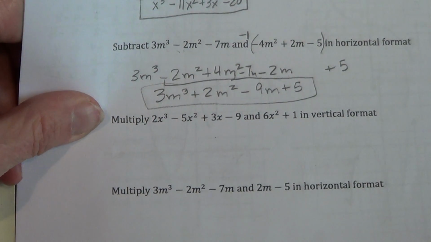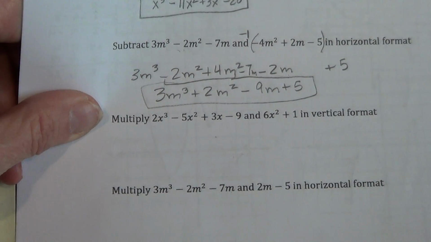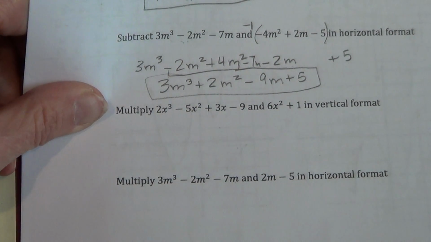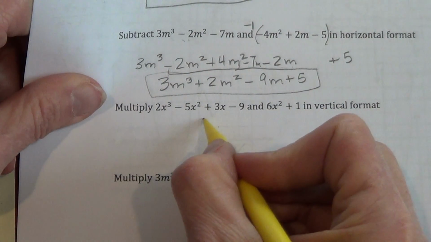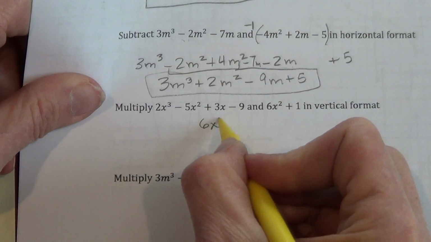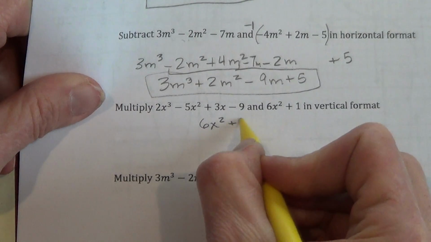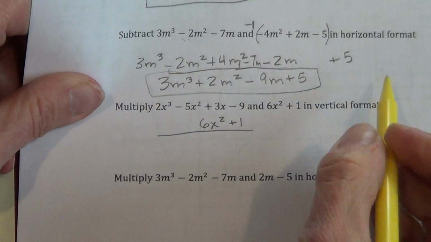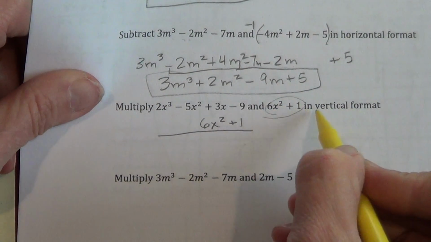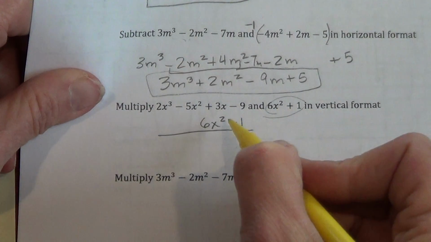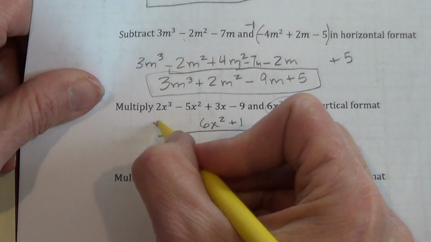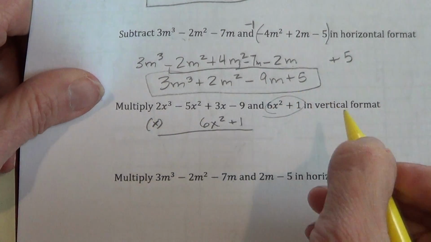Next one. They want me to multiply in vertical format, just like how you hopefully learned to multiply with double-digit numbers. This is what it looks like. I usually take the polynomial that's got fewer terms, put it underneath the other one, put a little multiply symbol out here.